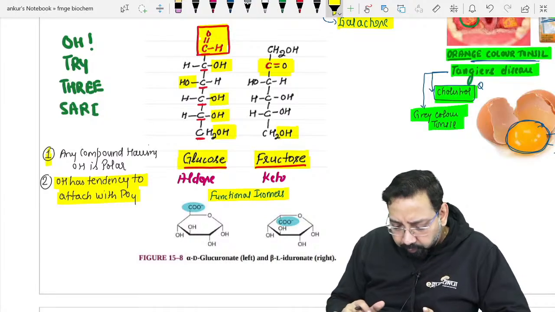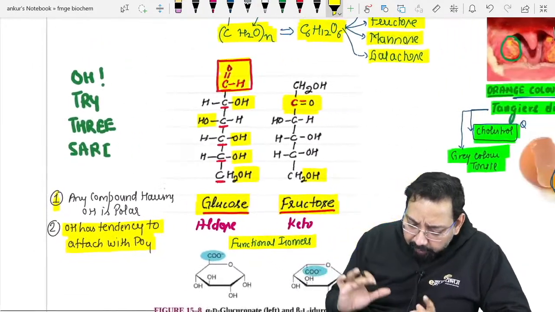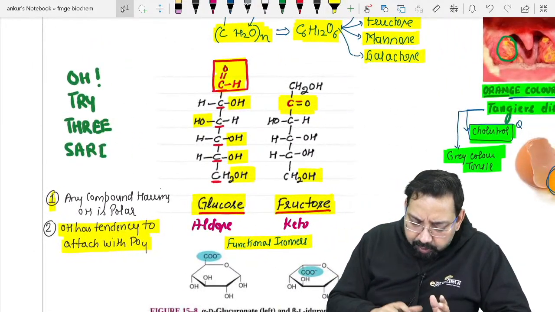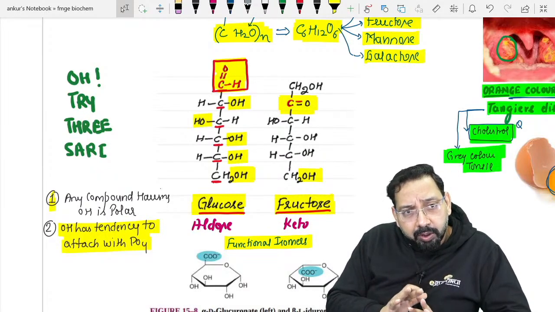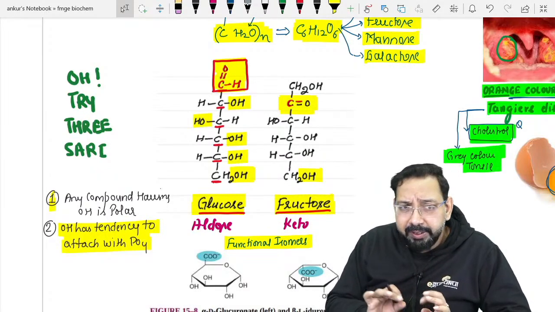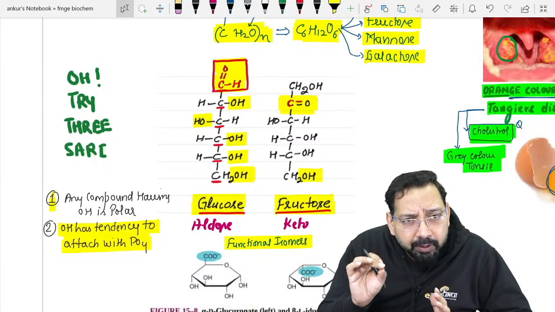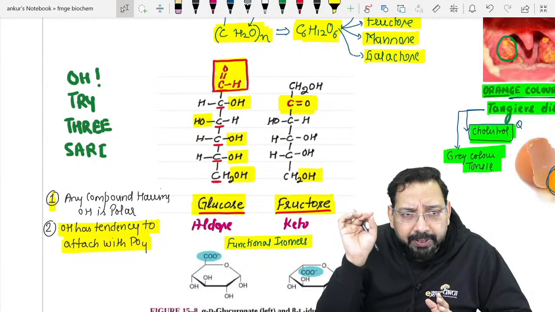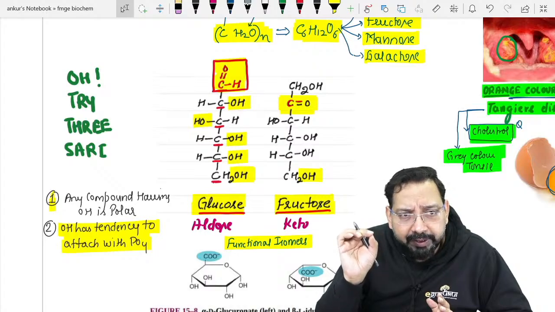Clear? Now I change the topic, I am going to amino acids. Wherever you find OH, it can be attached to phosphate very easily.